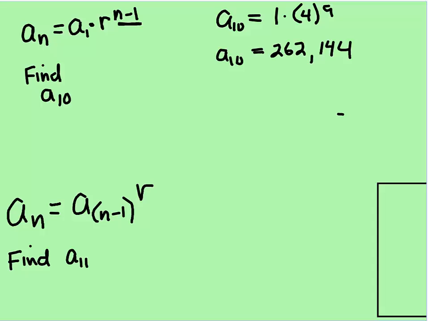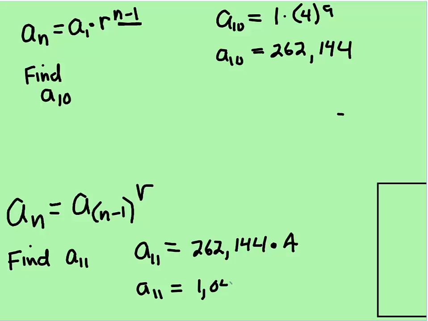So if we want to find the 11th term, a sub 11 is equal to a sub 10, which was 262,144. Multiply that by the common ratio, which is 4. So you take that number in your calculator, multiply that by 4, and you end up with the 11th term, and that's using the recursive formula. 1,048,576.